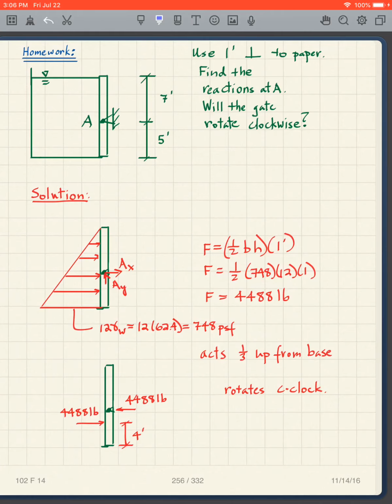So how do I know that? Because I'm taking moments about this point. Now notice, this is our first free body diagram where the sum of the moments about A do not equal 0. So we're getting into the next step that eventually is going to take you to dynamics.